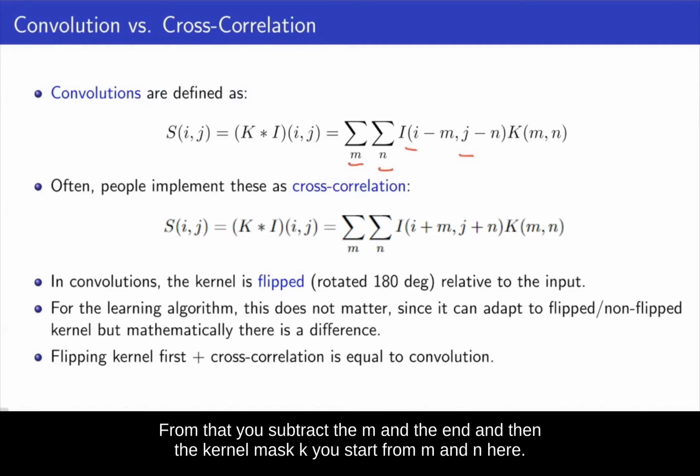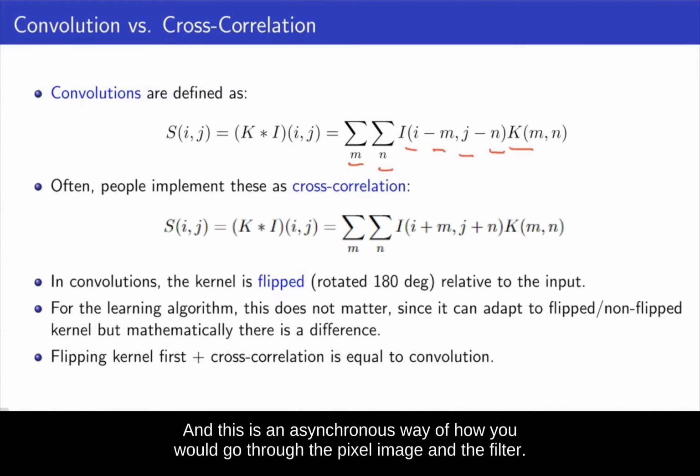From that, you subtract the m and the n, and then for the kernel mask k you start from m and n here. And this is an asynchronous way of going through the image and the filter.